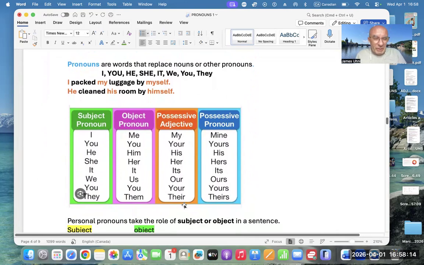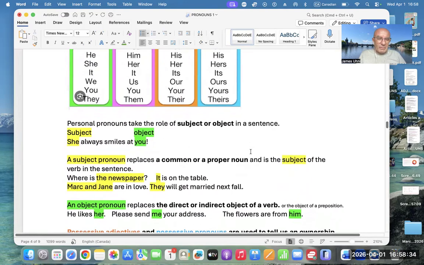Now we have to explain subject pronoun, object pronoun, possessive adjective, possessive pronoun. A possessive pronoun is usually at the end of the sentence, but everything is explained in here.